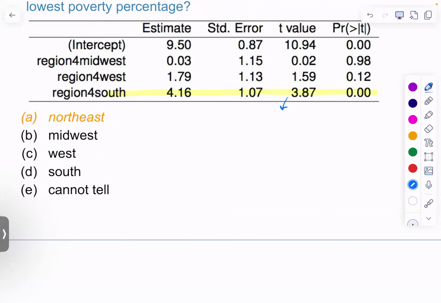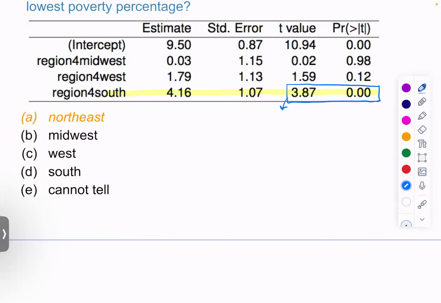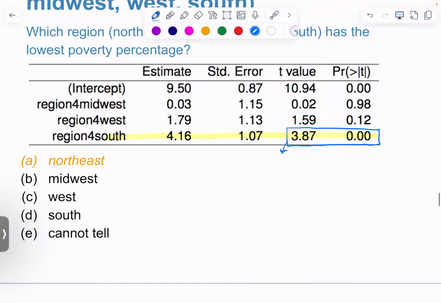This t and this p value, we know how t's behave, and we know p values. What I need to tell you is what your null and alternative hypotheses are for these. Your null hypothesis is that beta for the south is 0. Remember, beta is the parameter that we use for these coefficients.